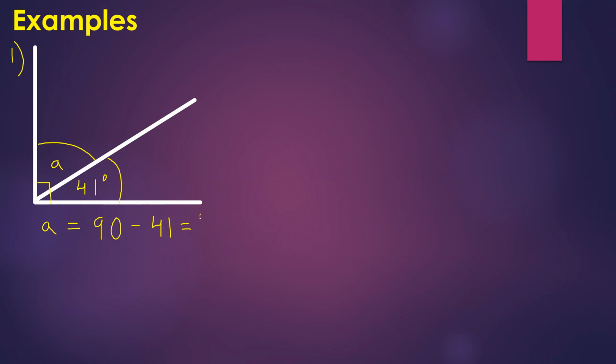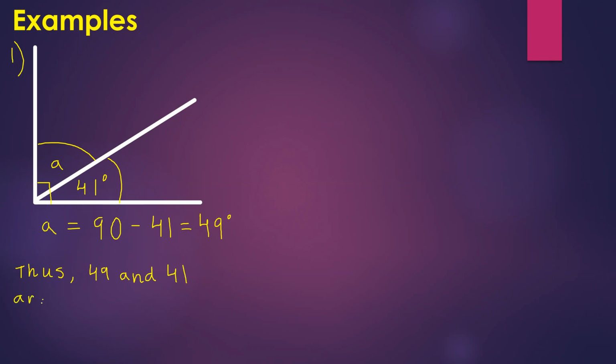And so we say that 41 and 49 are what type of angles? They are complementary angles. Thus, 49 and 41 are complementary angles.